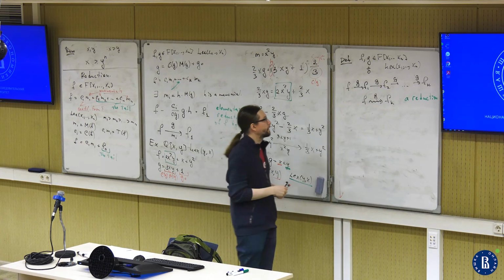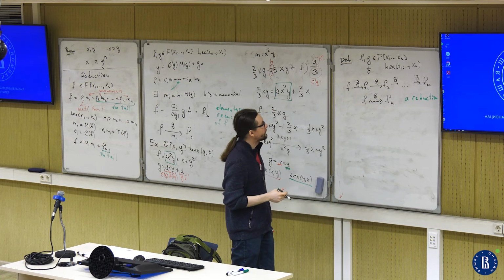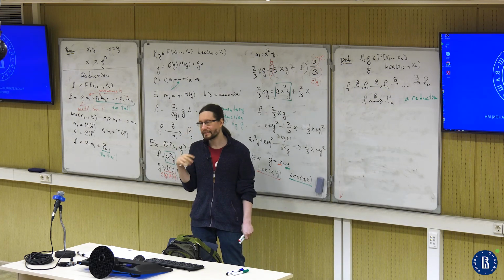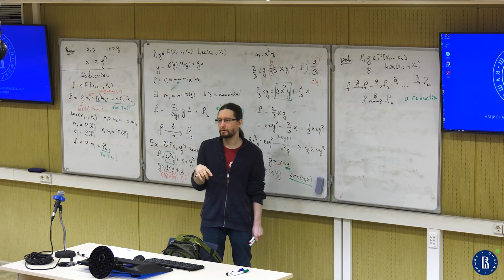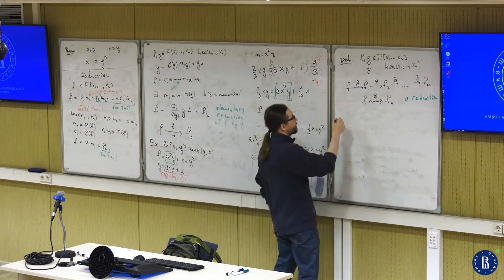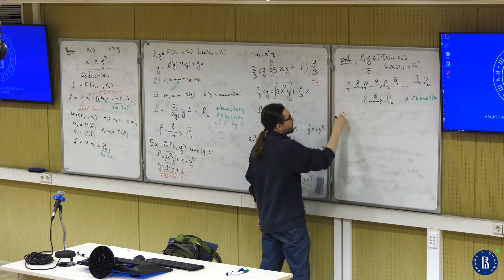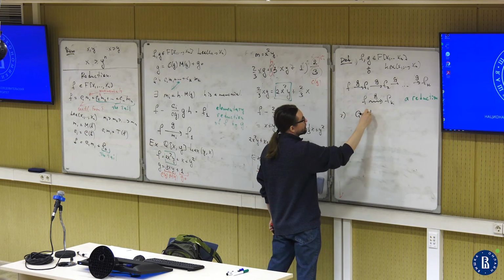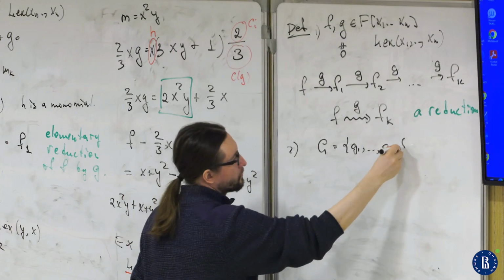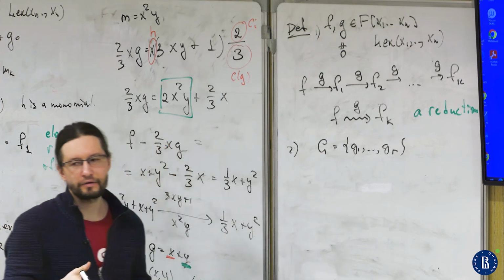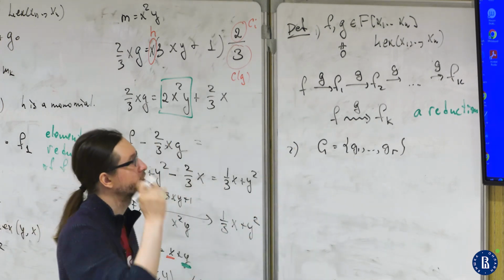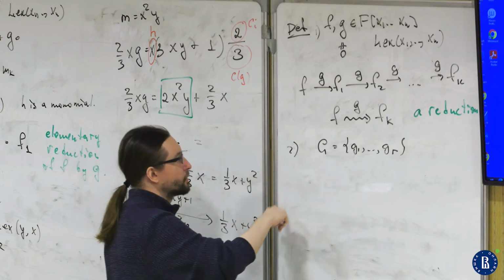Okay? Now, in case of polynomials in several variables, it makes sense to reduce one polynomial by a set of other polynomials. So the second thing, suppose we have a set of polynomials. We actually may have an infinite set, but in this case, let's assume we have just a finite set. It doesn't matter which one.